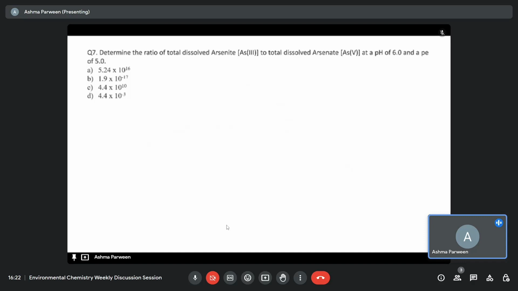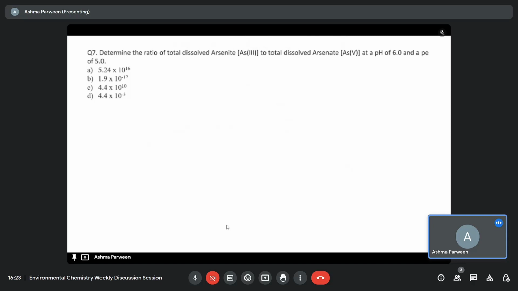So we will use the reduction half cell for arsenate getting reduced to arsenite. We will also use the table to find out the PE naught value at standard conditions, and finally we will use the previous equation, that is PE equals PE naught minus NH by N pH and all, to find out the ratio of arsenite to arsenate.